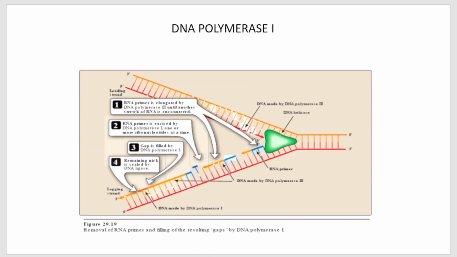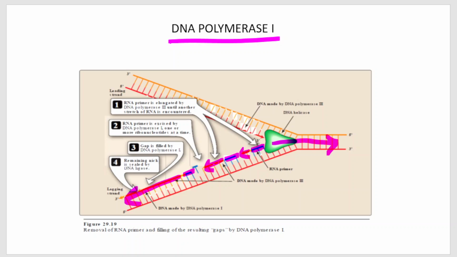Look at this picture, DNA polymerase 1. What is the action of DNA polymerase 1? There are so many RNA primers. As and when DNA helicase moves to unwind the double-stranded DNA, there are numerous RNA primers along which the DNA polymerase can synthesize in the 5' to 3' direction.